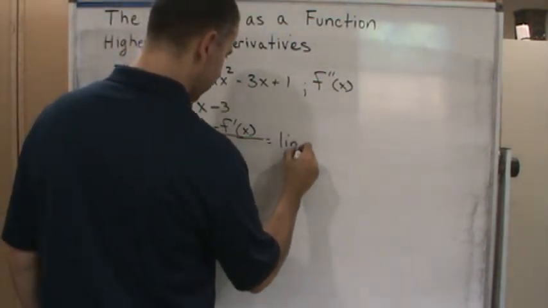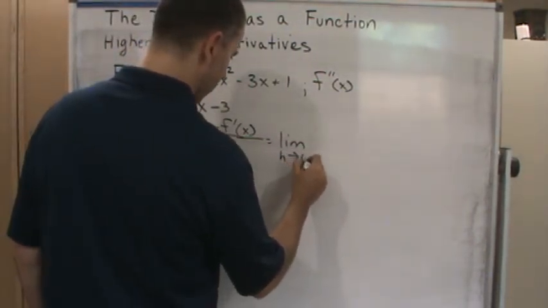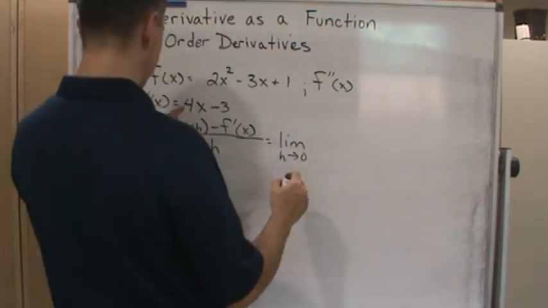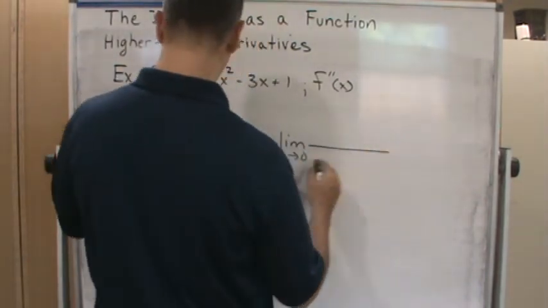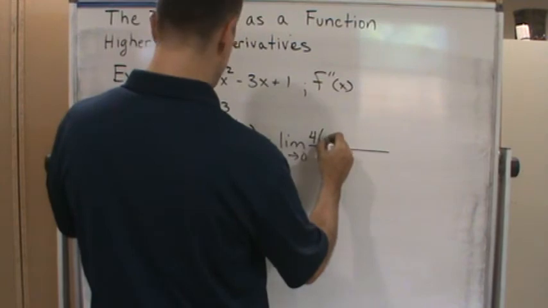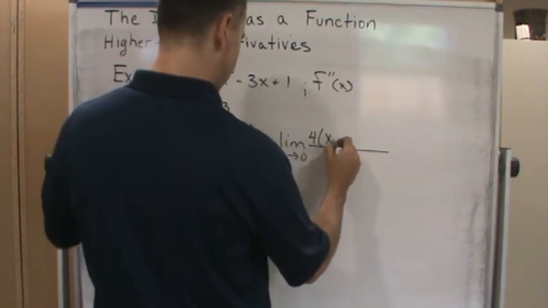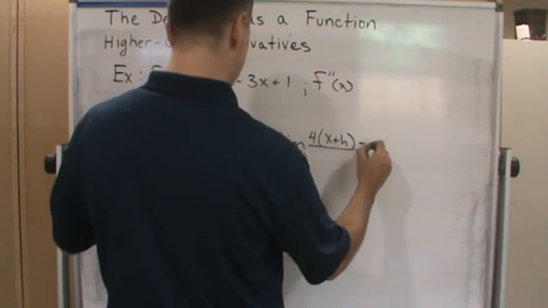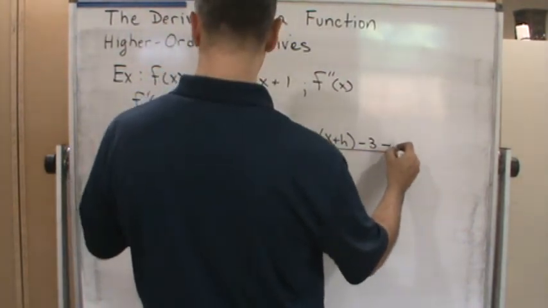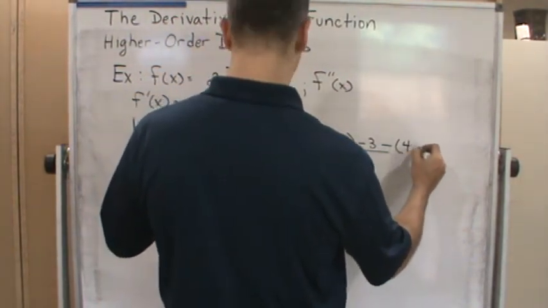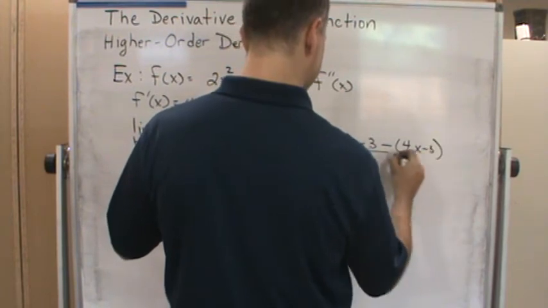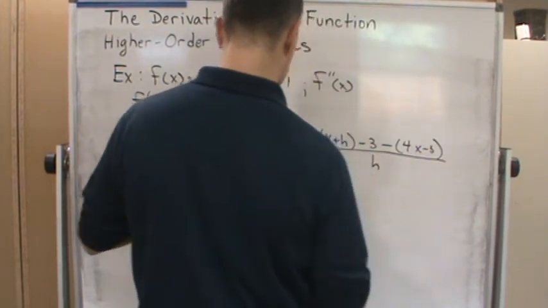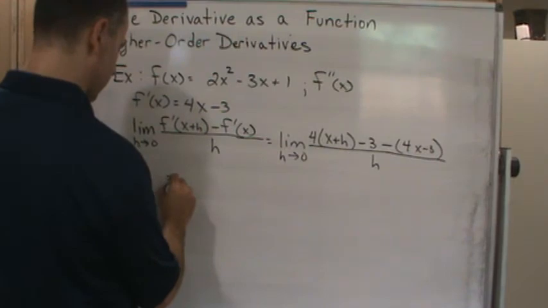Okay, now let's start the process again. So now this is going to be 4 times x plus h minus 3 minus 4x minus 3 over h.